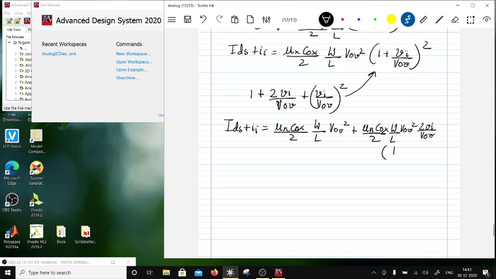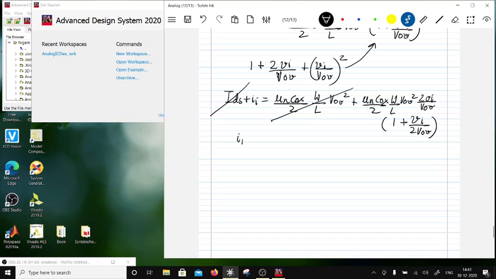So that will leave behind 1 plus Vi over twice V overdrive. Right. Now this term and this term are the same, so I'm left with Ii equal to GM0 times Vi times (1 plus Vi divided by twice V overdrive).